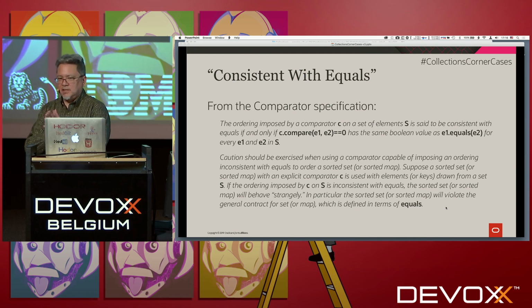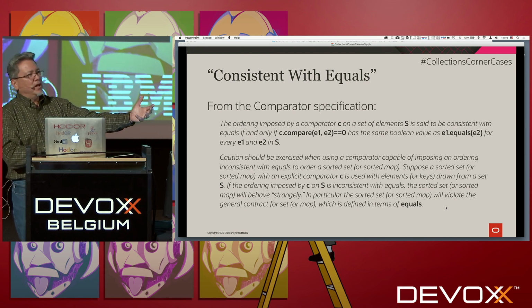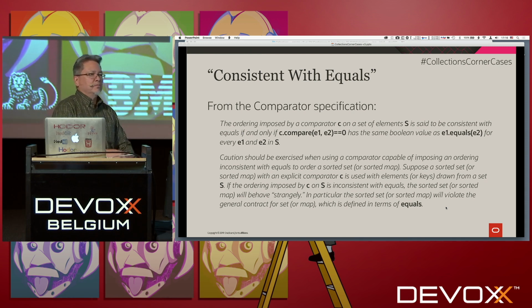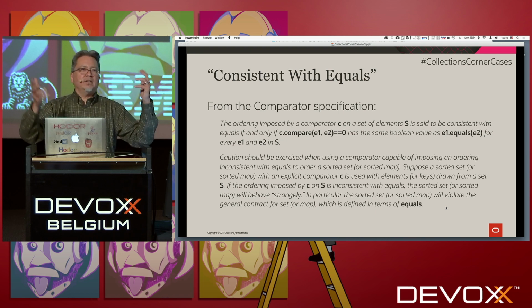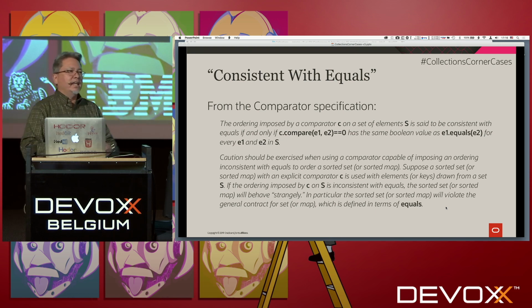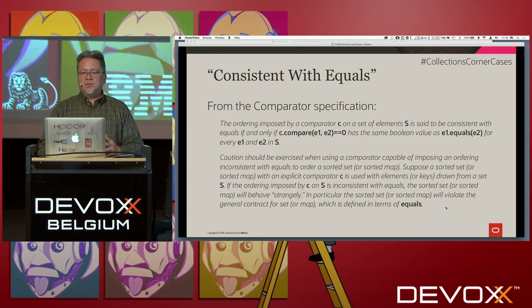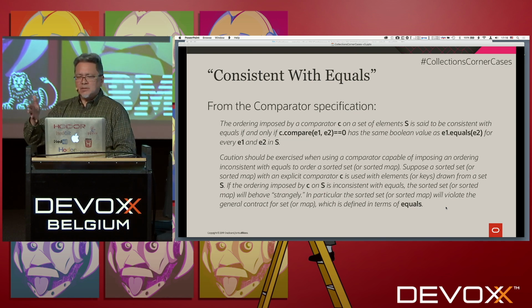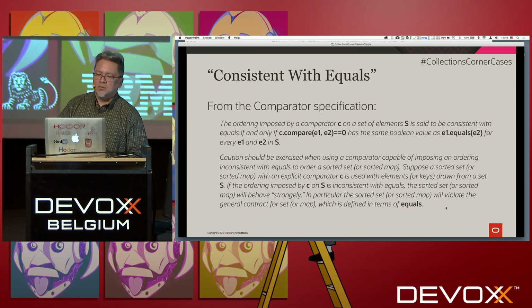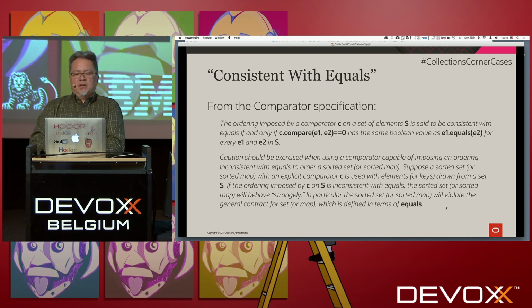Now we're coming to consistent with equals. You say, well, if I have two objects and I call equals on them, then of course if I call compare on them, that should return 0, right? That's kind of obvious, and a lot of the time it's true. The spec has some words to say about this: it's possible that the comparison method is not consistent with equals, and caution should be exercised.